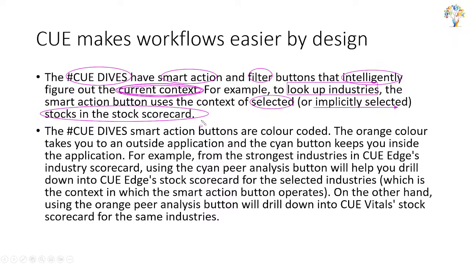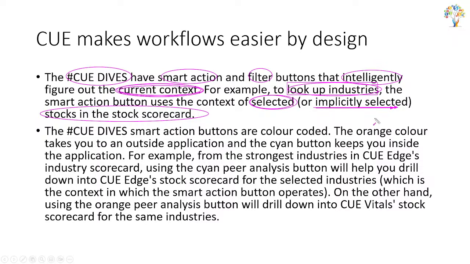So we generate the stock fundamental scorecard, then we select some of them of our interest based on fundamental analysis. Then we can use the lookup industries Smart Action button. The selected stocks are used to generate the context. Now there is something called implicitly selected. I'll explain that later when I operate the systems.